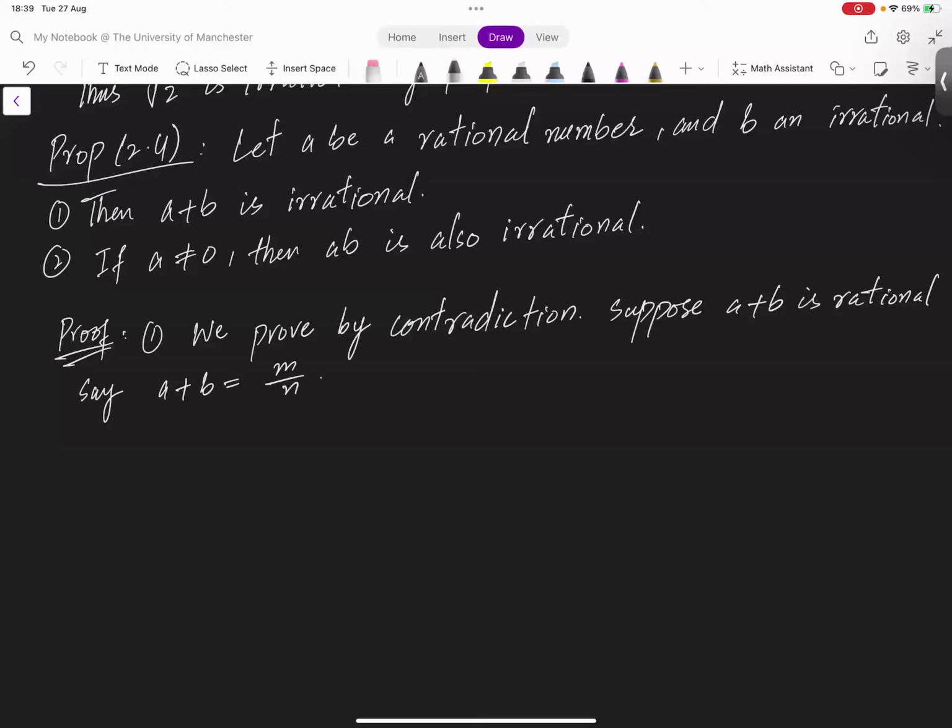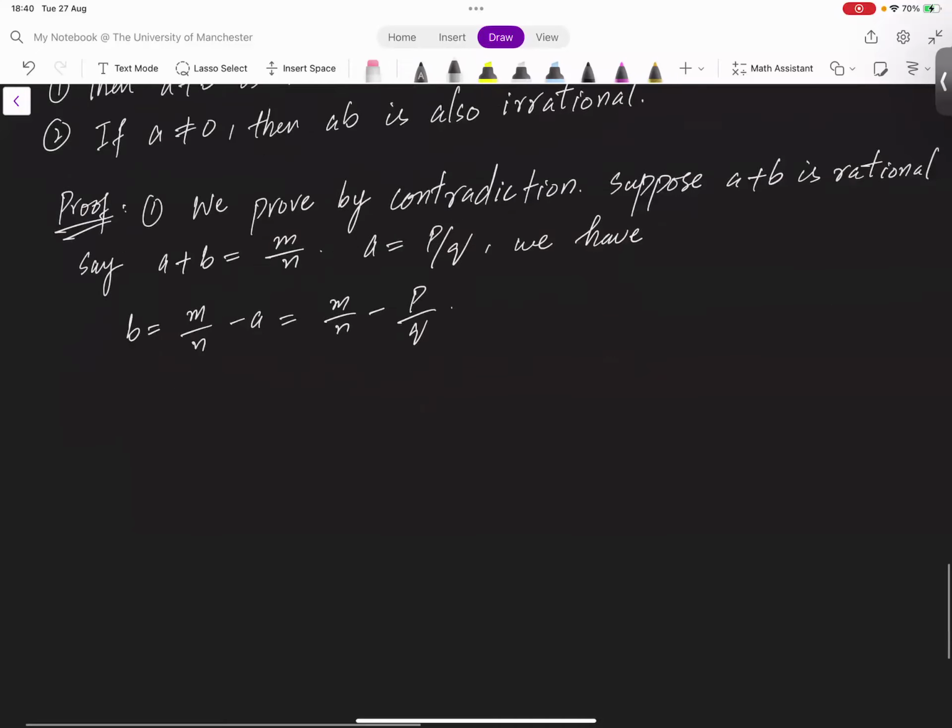Then writing the rational a as p over q, we have b equals m over n minus a, which is m over n minus p over q. However, the right hand side is rational, whereas b is given to be irrational.